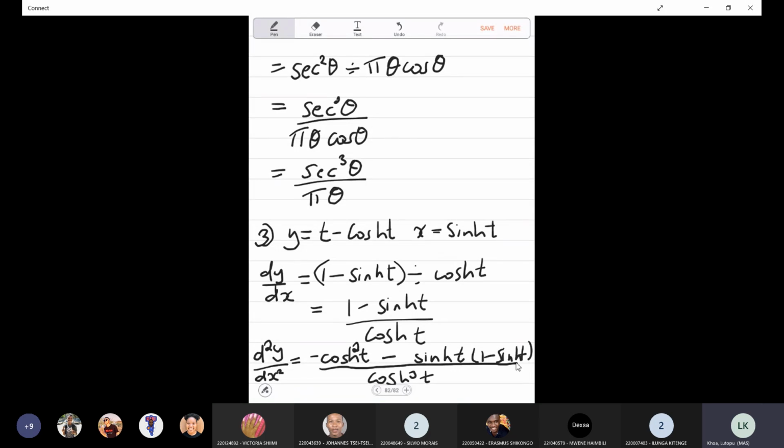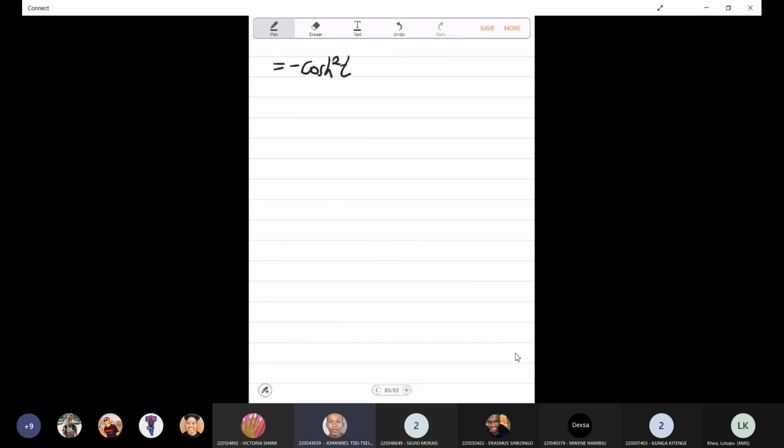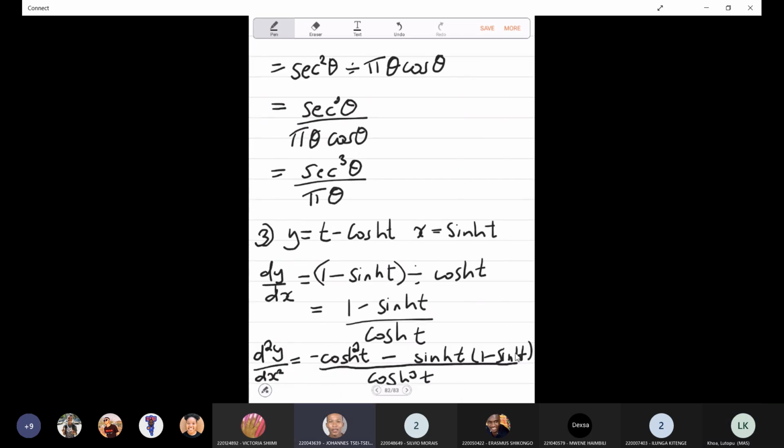Okay, then we can simplify. Here we just multiply out. So we'll have cos hyperbolic squared minus sine hyperbolic plus sine hyperbolic. So what we have is cos h to the power of 3, but x is equal to sine h t.